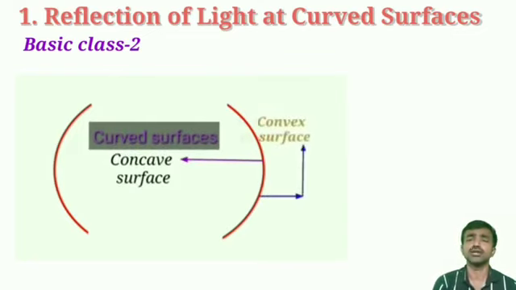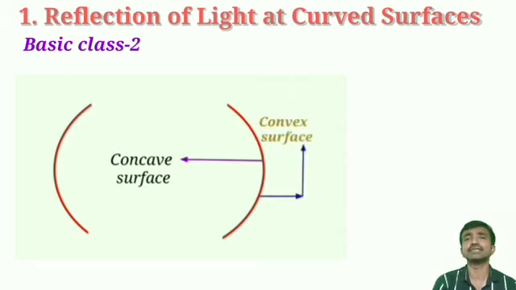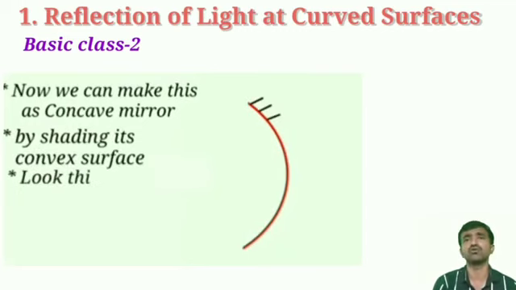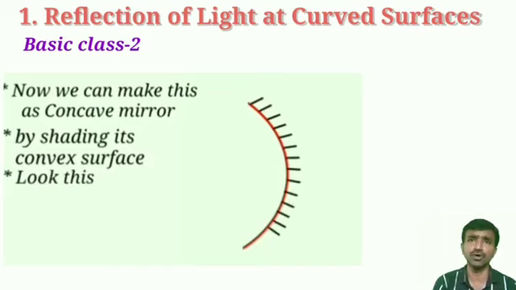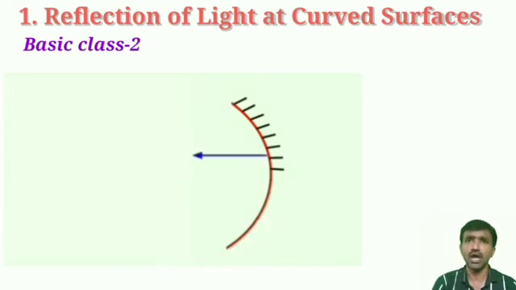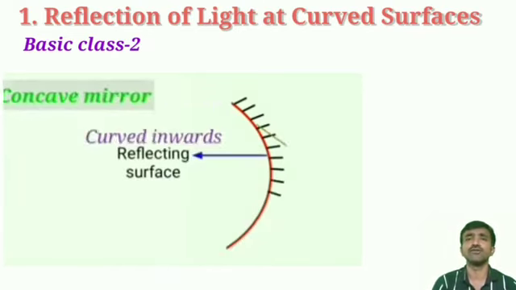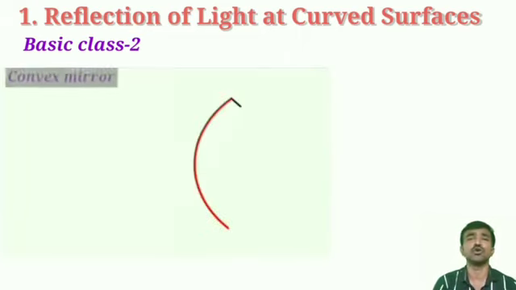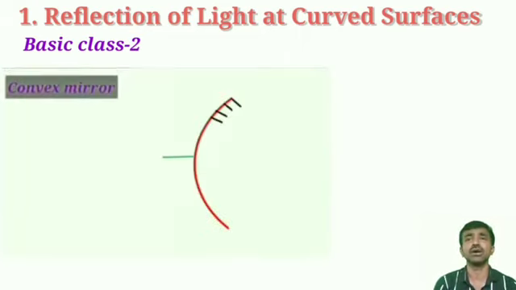So what about a concave mirror? Here the reflecting surface of this mirror is curved inward, and its opaque surface is bulged outward. These types of mirrors are called concave mirrors. Then what about a convex mirror? In a convex mirror, the reflecting surface is bulged out and its opaque surface is curved inwards.